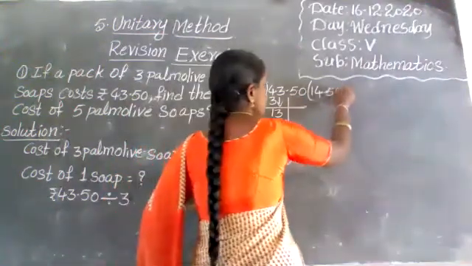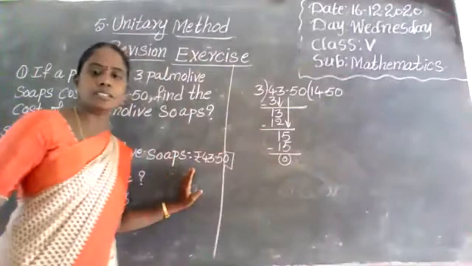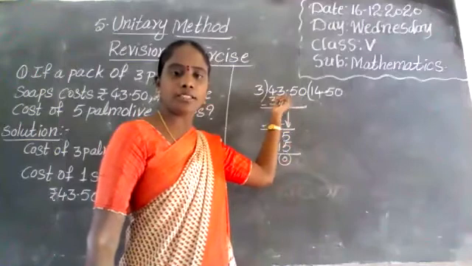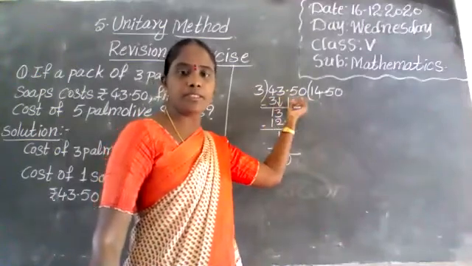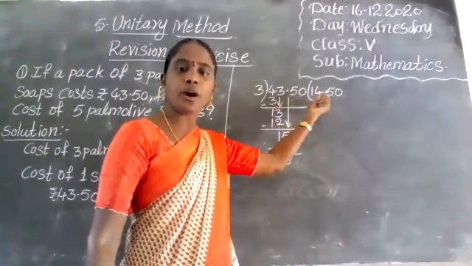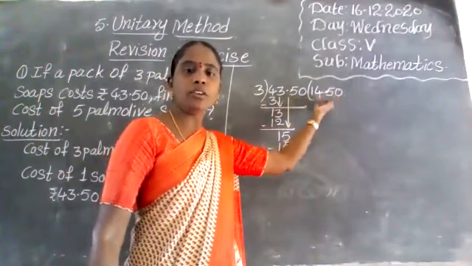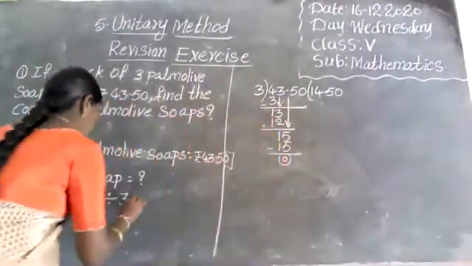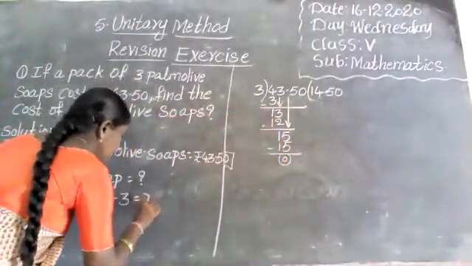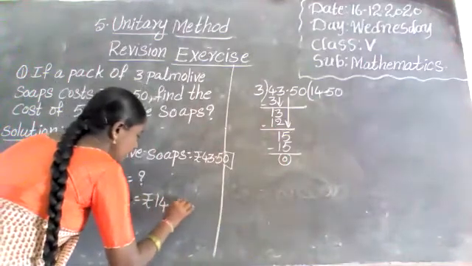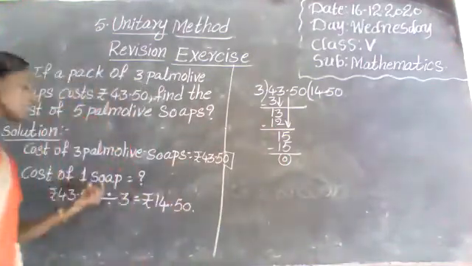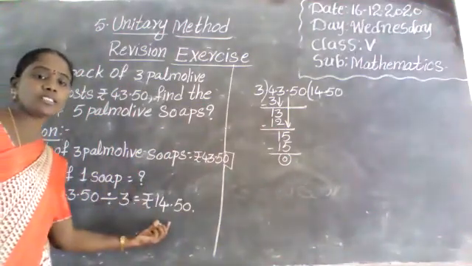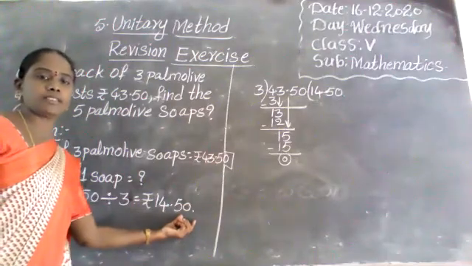Next here 0 is there, so we can write 0 in the quotient place. 14.50. In the question it is 43.50, 43 rupees 50 paise, so we have to put the point before 2 numbers. So 14 rupees 50 paise. What is the cost of 1 soap? The cost of 1 soap is 14 rupees 50 paise.